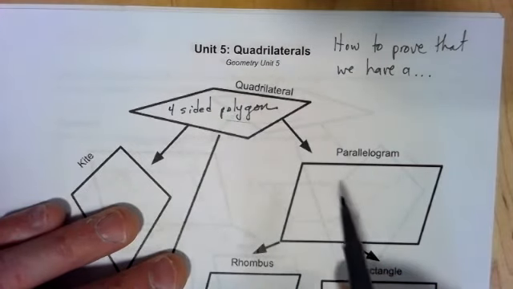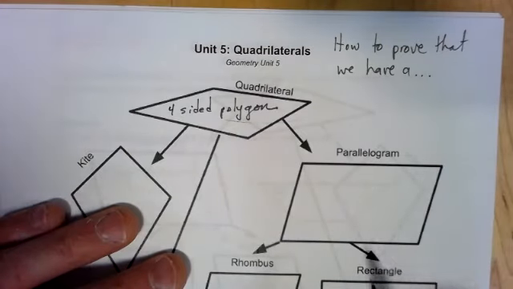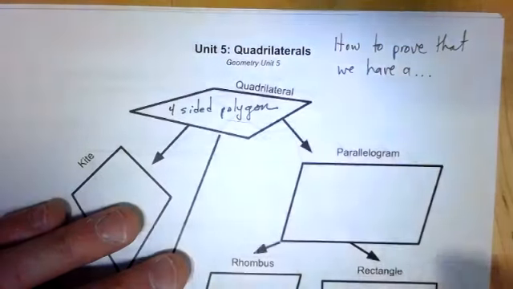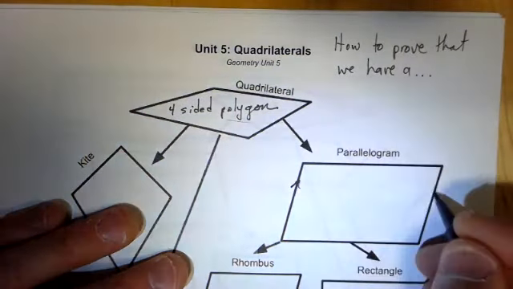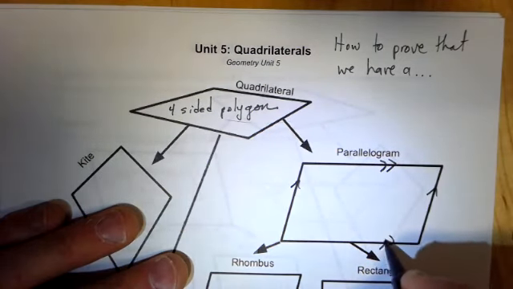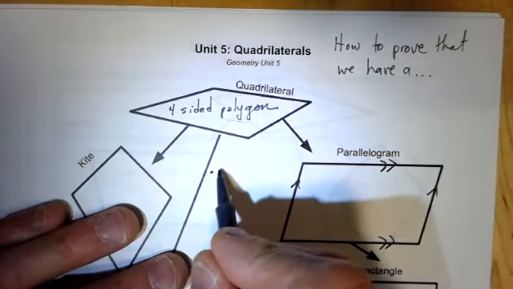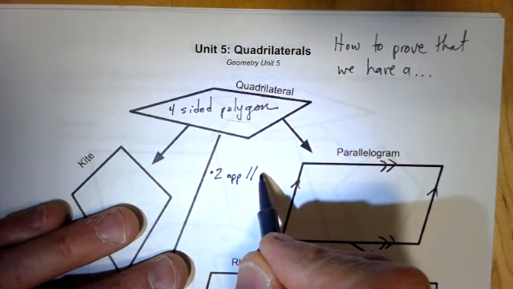But for the parallelogram, there are actually 5 different ways that we can prove a parallelogram based on the 5 different rules that we talked about yesterday. So let's jot those down. The first one is that we have 2 sets of opposite parallel sides, like we just talked about. Okay, so I'm going to put a bullet here. 2 opposite parallel pairs.